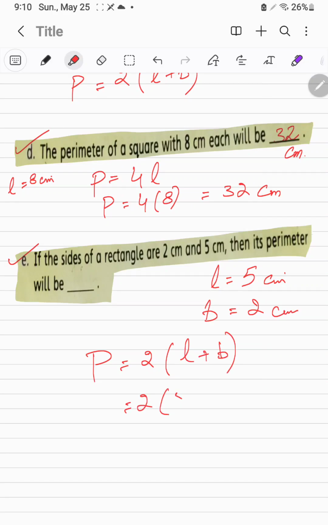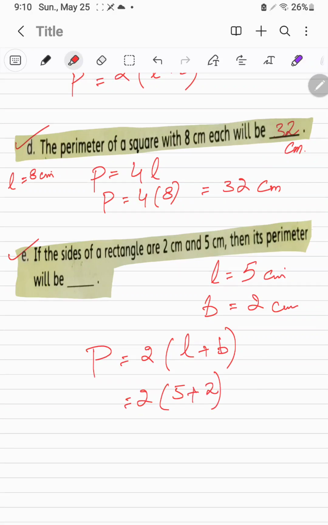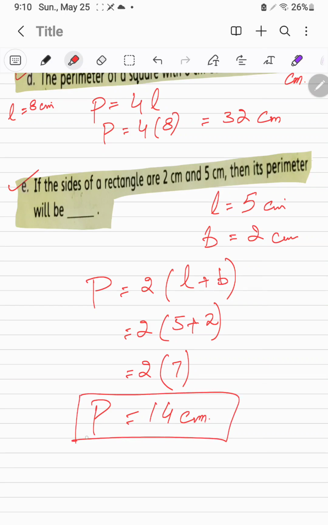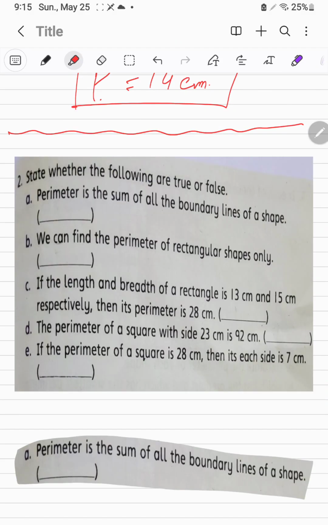Length is 5 and breadth is 2. We can write 2 into 7, it is 14 centimeters. This is 14 centimeters as the perimeter.